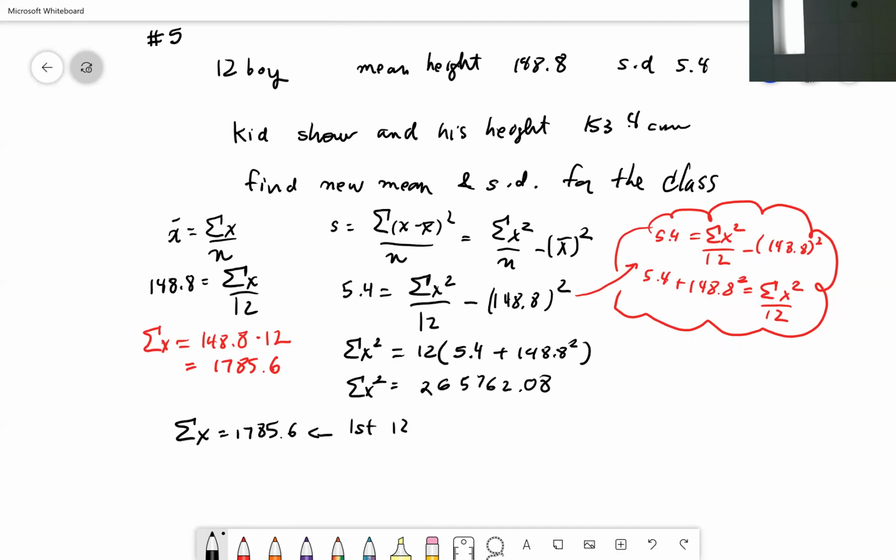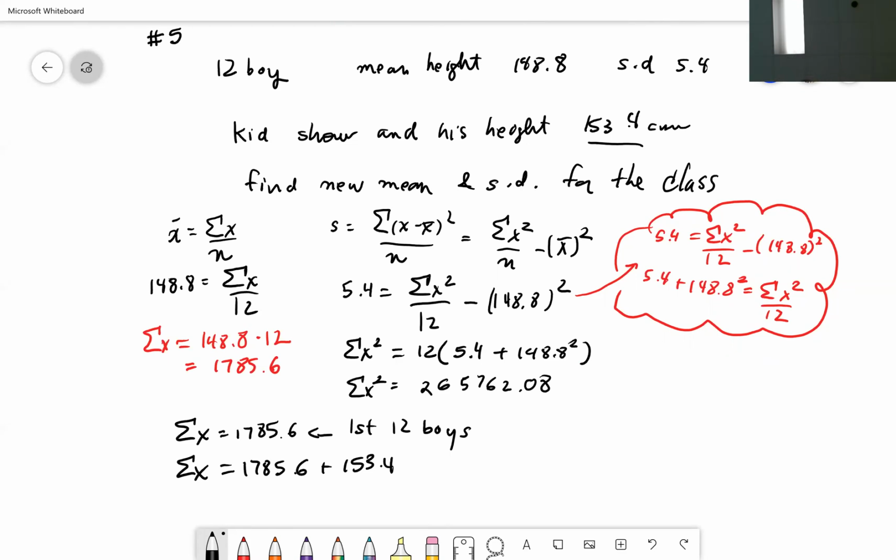First 12 boys. Now, with the 13th boy, we're going to have to add his height. His height is 153.4 centimeters.